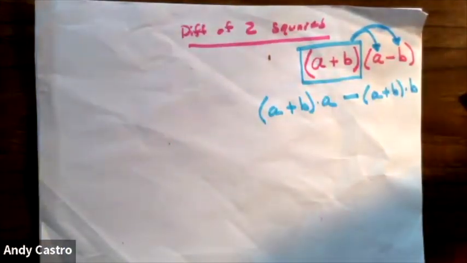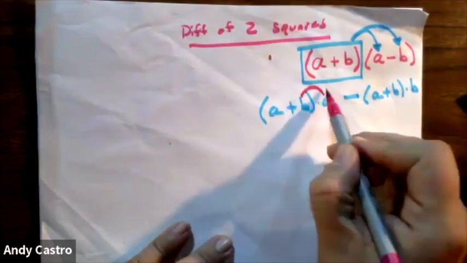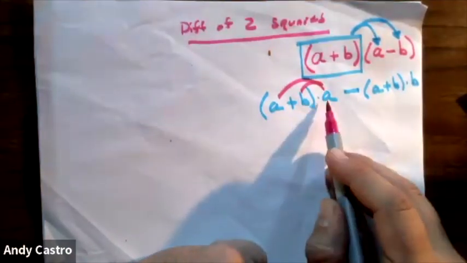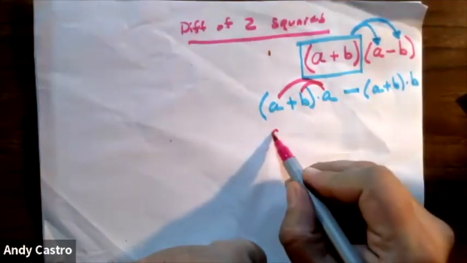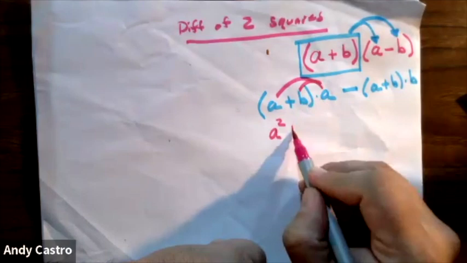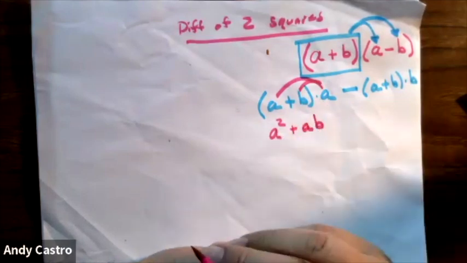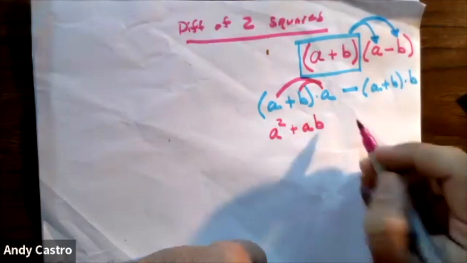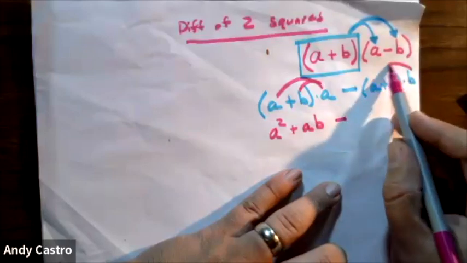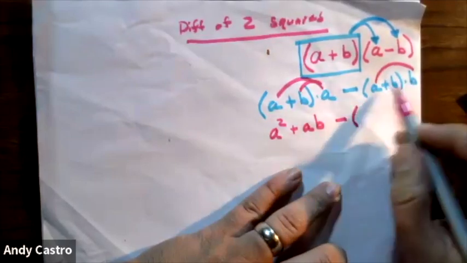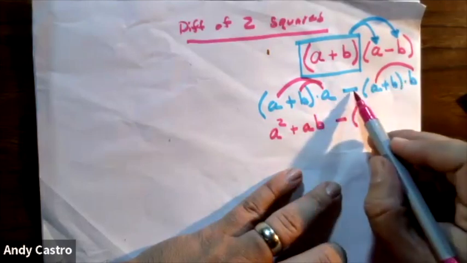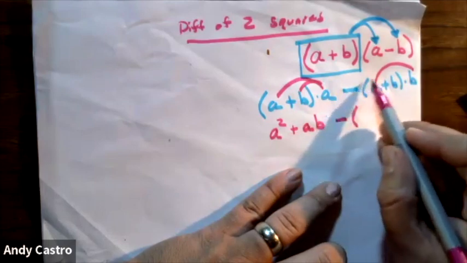All right, now I can distribute this A through that over that plus inside those parentheses. So A times A is A squared. A times B is AB. All right, then we have minus. Then we have B times A. And I'm going to go ahead and keep my parentheses since I have a minus here, because that minus, when I distribute it through, is going to make that negative and it's going to make that negative.